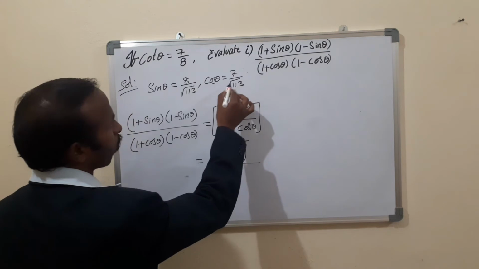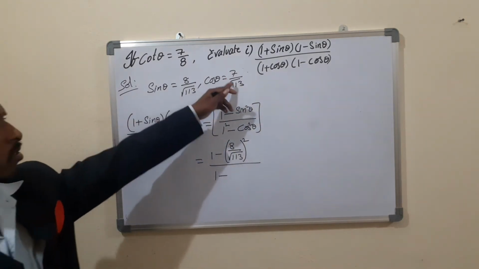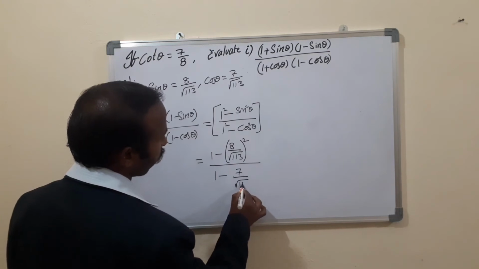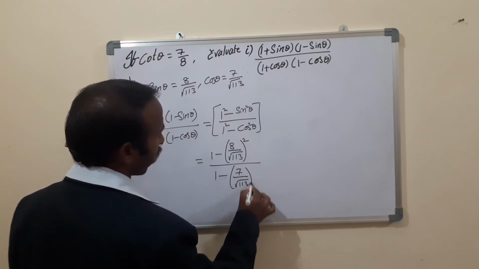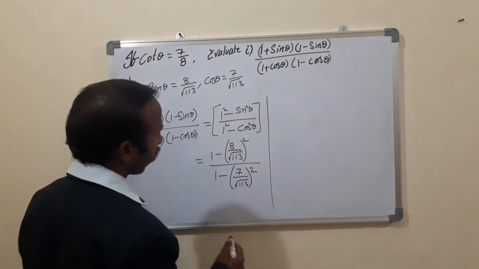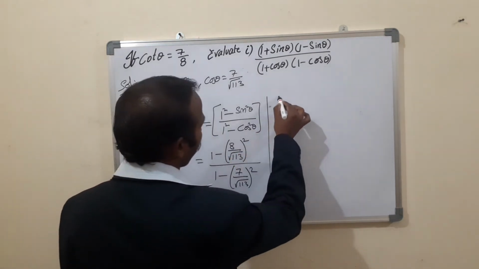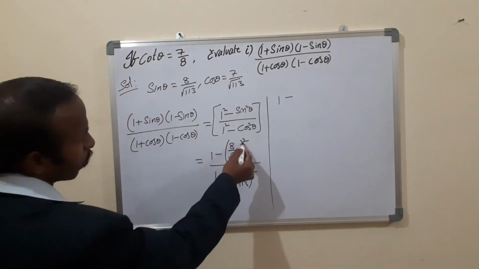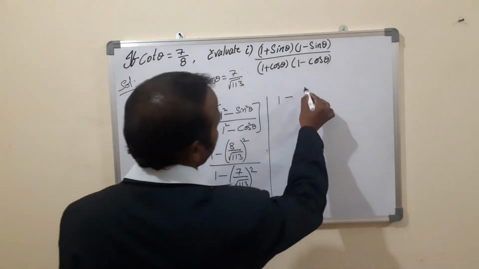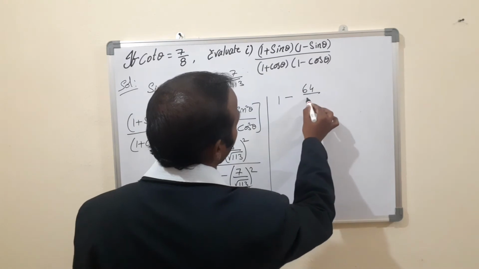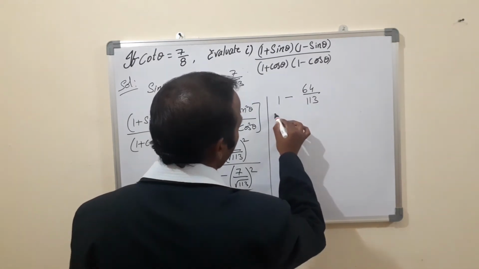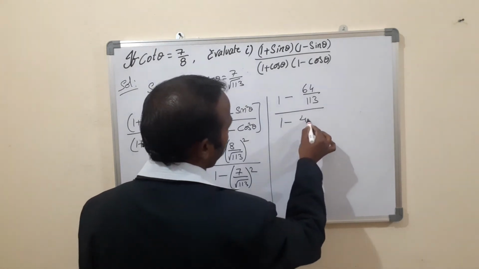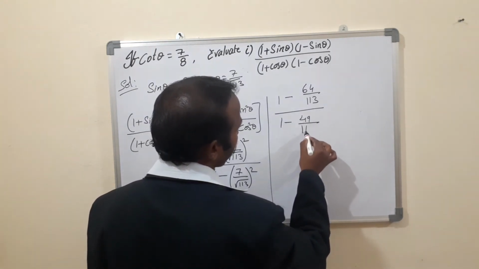What is the value of cos? Cos is 7 by square root of 113 whole square. Now next step, 1 minus, here the square you apply inside, then it is 64 by 113, whole by, next 1 minus 49 by 113.